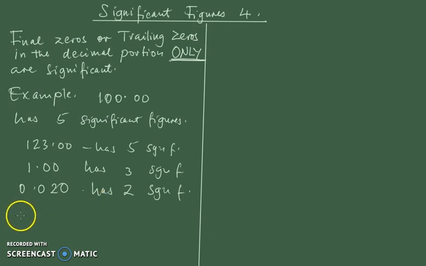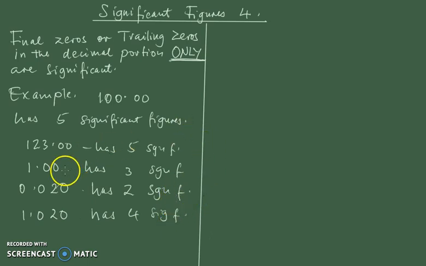A number like 1.020 has 4 significant figures. This 0 here is now counted. Again, this 0 here is now counted because it is between 2 non-zero digits. So this has 4 significant figures.